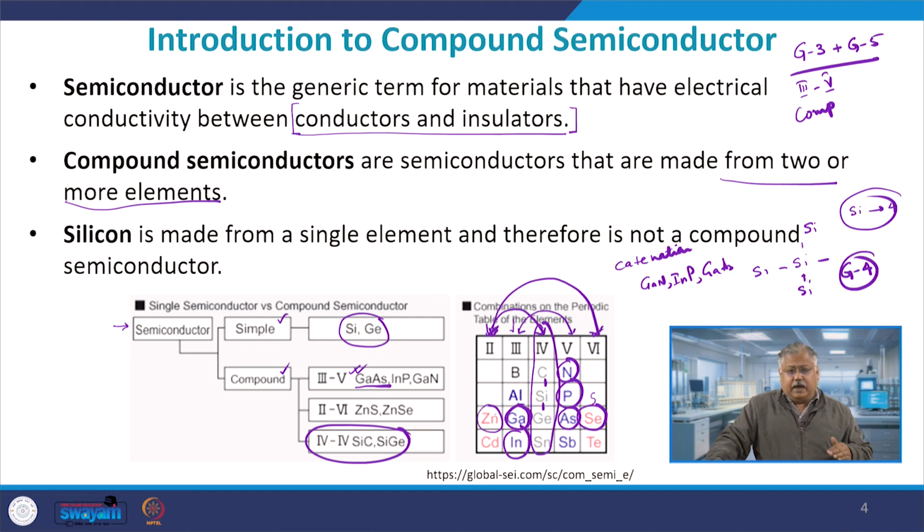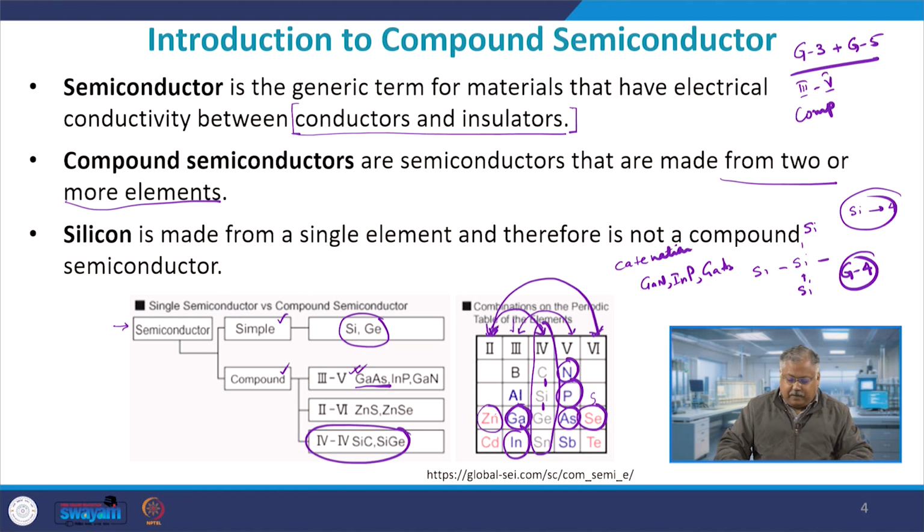Now, I have not told you where they are most effectively used. Most of the compound semiconductors are used for power devices, right, where the power requirements are very high. Most of the power semiconductor devices are the fundamental blocks for any power conversion systems.